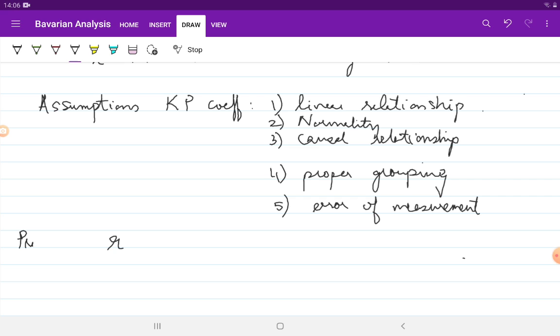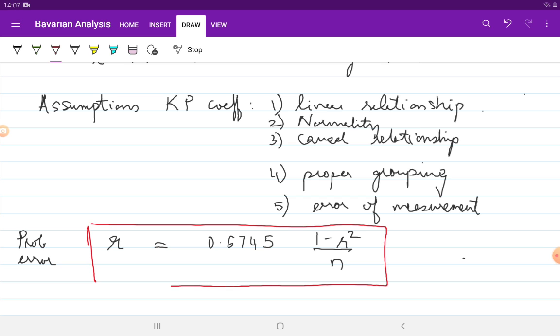The probable error of r is given by the formula 0.6745 times 1 minus r square by root n, where r is your Karl Pearson's coefficient and n is the number of pairs of observations that you have. 0.6745 is a constant. Okay, probable error of r.